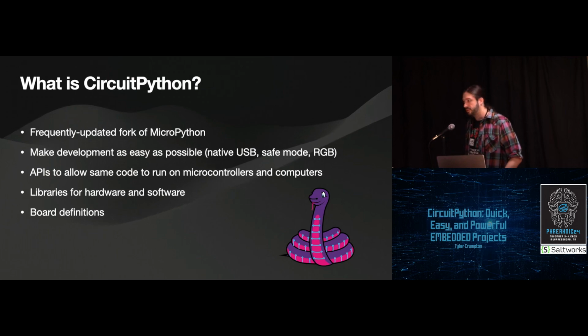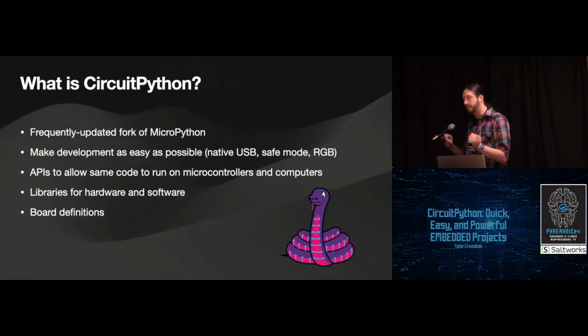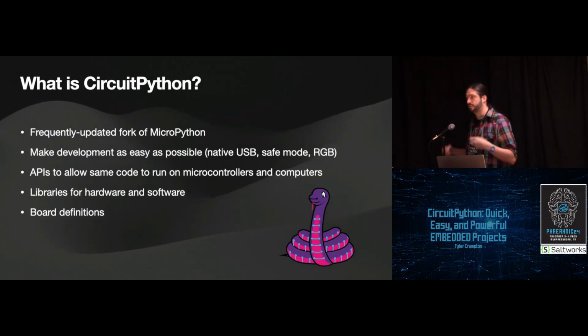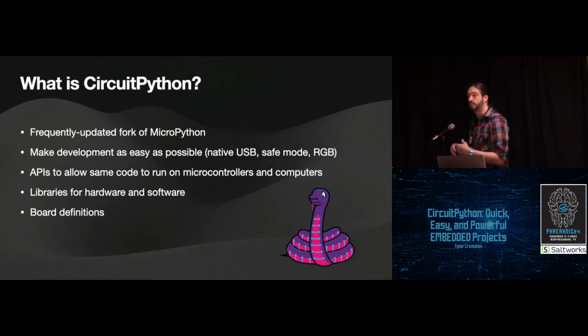Some of the other things that they include are a bunch of APIs to run the same code on computers and microcontrollers. MicroPython makes the language very, very compatible. CircuitPython has a compatibility shim that lets you run the same code you'd run on a microcontroller on something like a Raspberry Pi and access the GPIO in the same way.